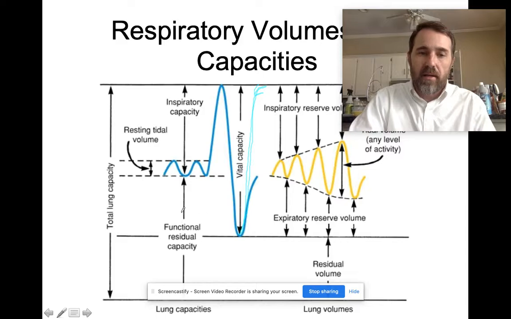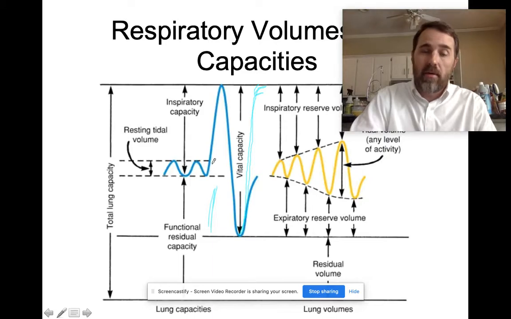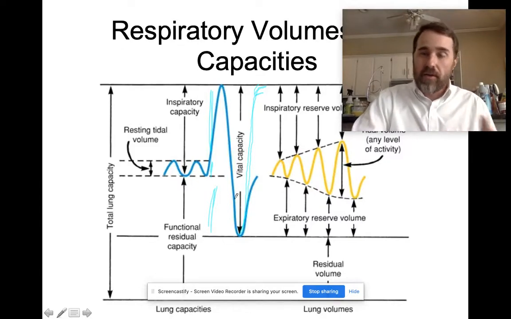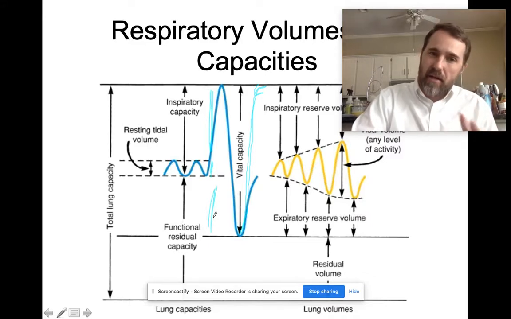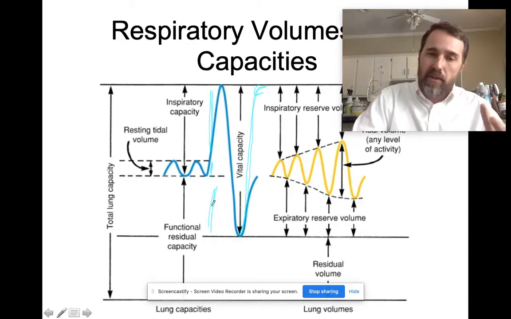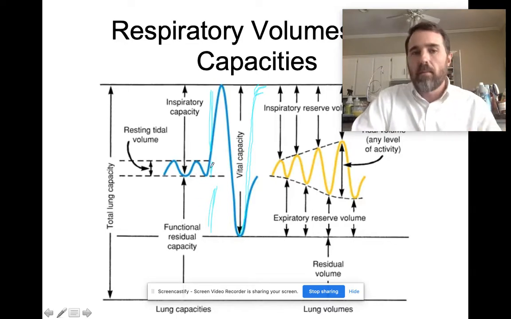It is the expiratory reserve volume from here to here, plus the tidal volume from here to here, plus the inspiratory reserve volume from here to here. So once again, vital capacity, it is the amount of air that you can inhale after a maximum exhale. And you can calculate that by adding up expiratory reserve volume plus tidal volume plus inspiratory reserve volume.